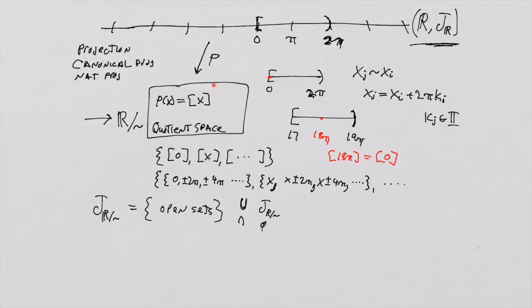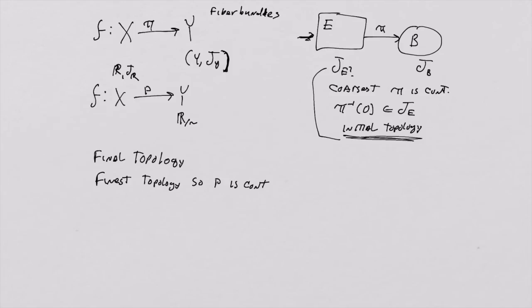So the situation's identical in requiring the continuity of this map, the map going backwards, P inverse. That has to map open sets from here into open sets up here. The difference is that in the case of the fiber bundles, we knew these open sets and we didn't know these, and in this case we know these open sets but we don't know those. Right? That's the distinction. So the final topology is the finest topology such that P is continuous.